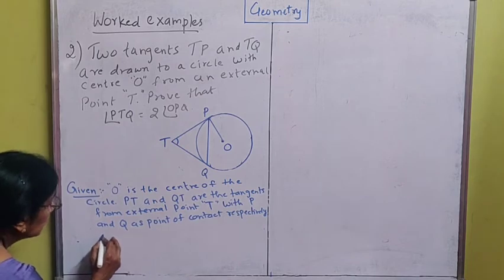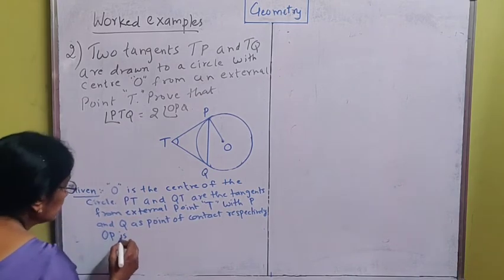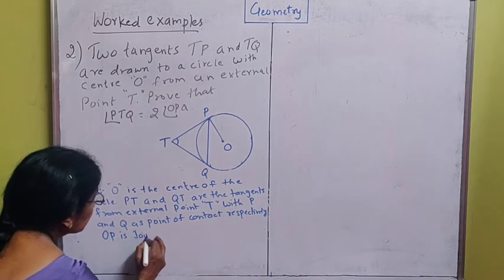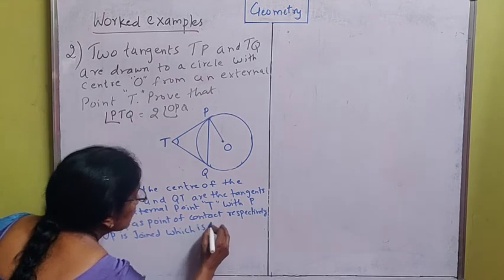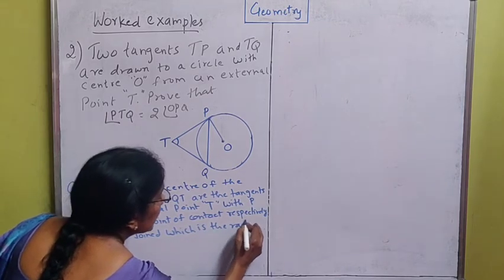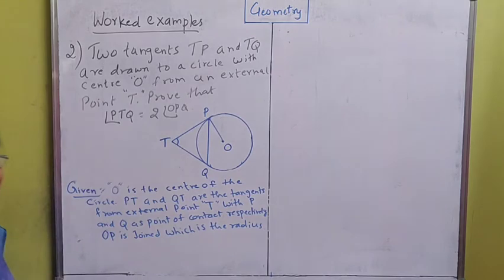Then OP is joined, which is the radius. So this is given to you.